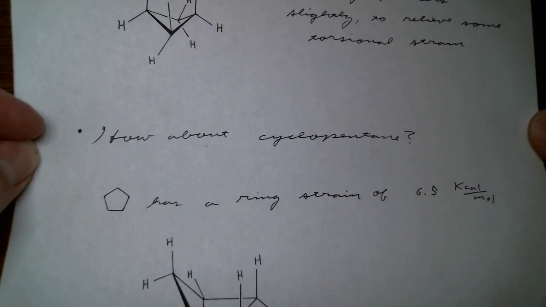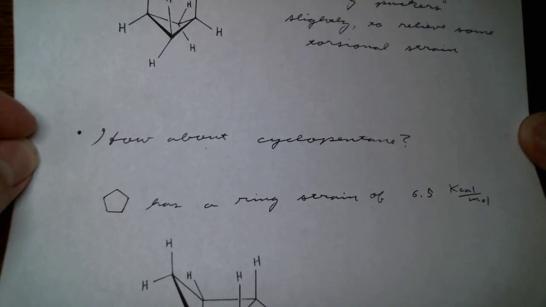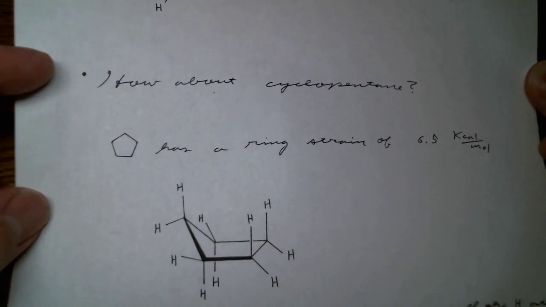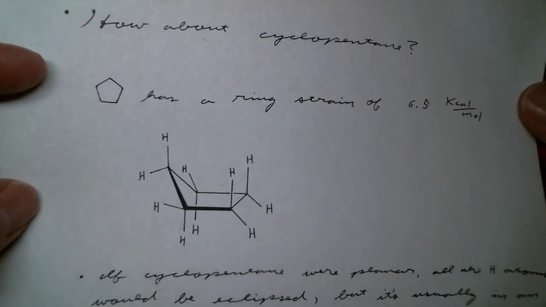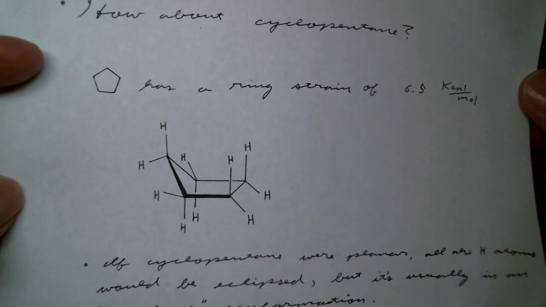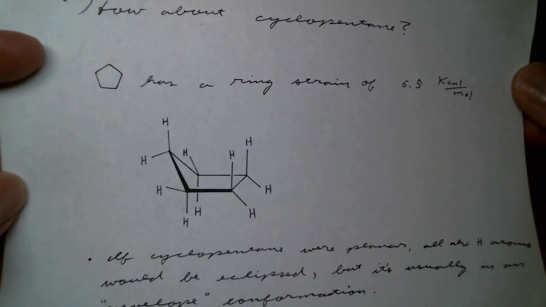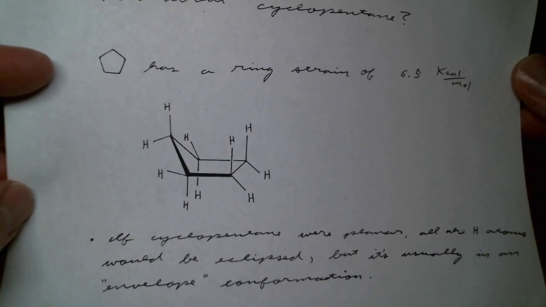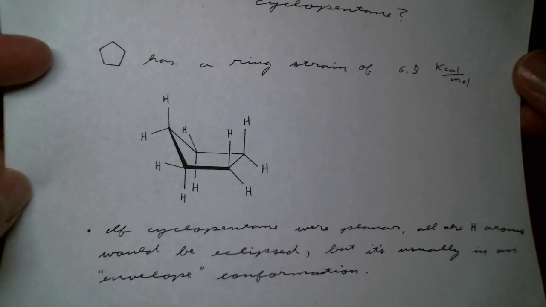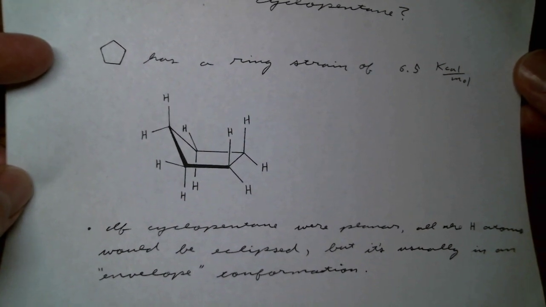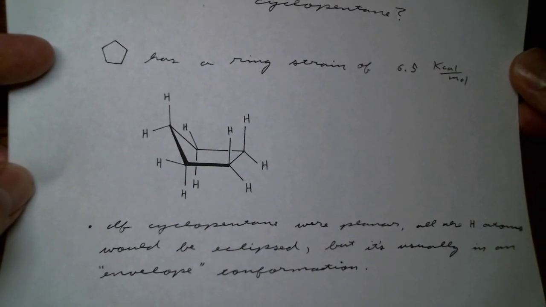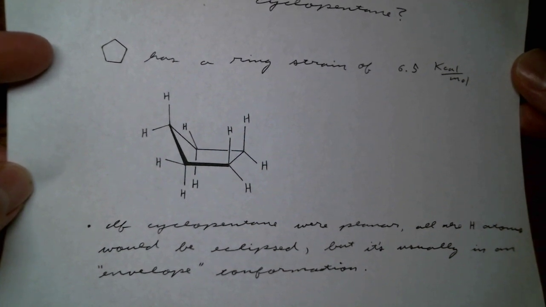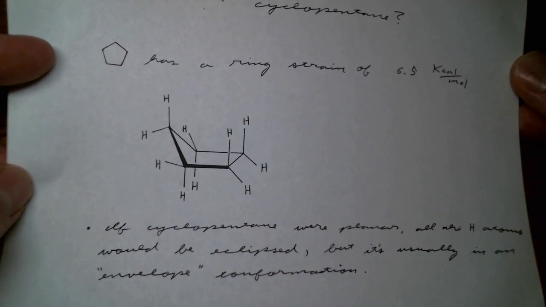Cyclopentane has a ring strain of about 6.5 kcals per mole, so we've dropped significantly by adding one additional carbon. And cyclopentane adopts a semi-envelope-like conformation, not exactly as drawn here, but this gives you an idea of what you might see for a cyclopentane molecule if you could view the world in X-rays. If cyclopentane were planar, all the hydrogen atoms would be eclipsed, but like I said, it's usually in this envelope conformation.